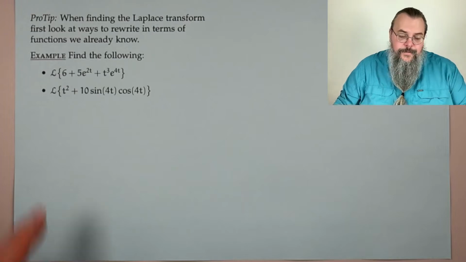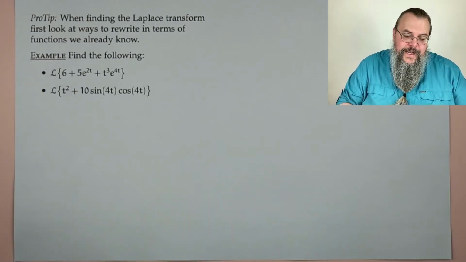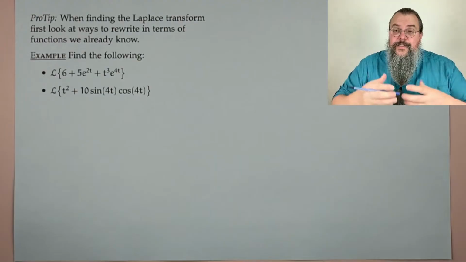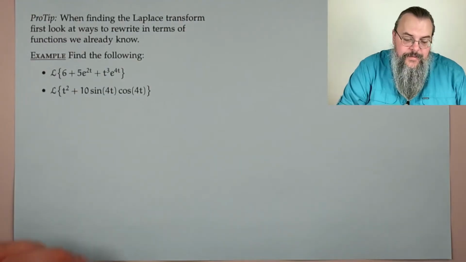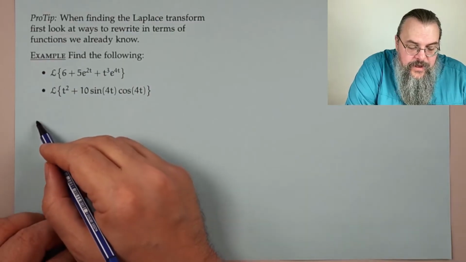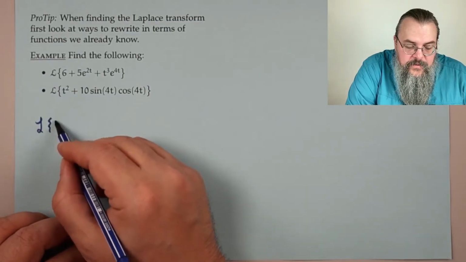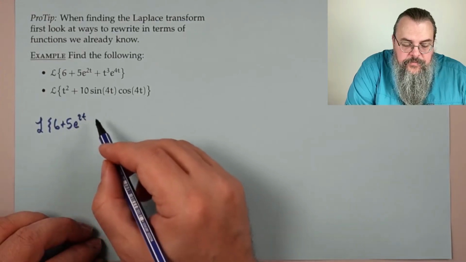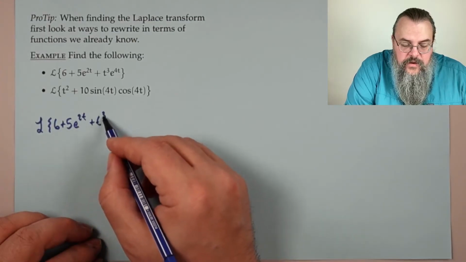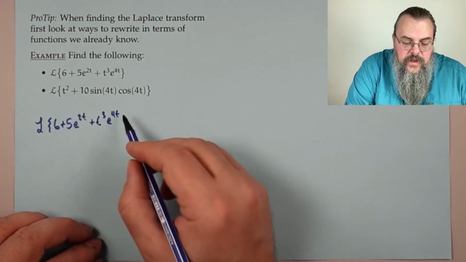All right, let's start with our first one. Now, the first thing we can say is, look, we have addition. We can break things up. And so we can say the Laplace of 6 plus 5 e to the 2t plus t cubed e to the 4t.